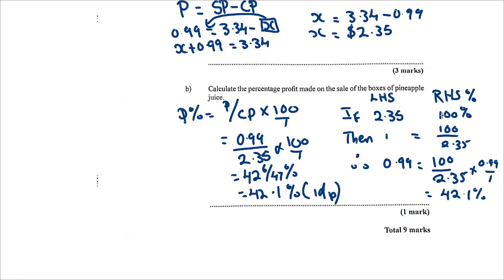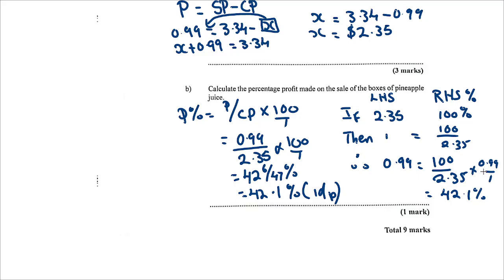Whatever is on your right hand side, in this case 100, divided by 2.35, divided by your left hand side. That would be for 1. Once you find the value for 1, you can find the value for any amount. I could have found the value if my profit was $100. I could have found the profit for 100. Right? And that is how you would have done this question here. And this is how you would have done January 2025.